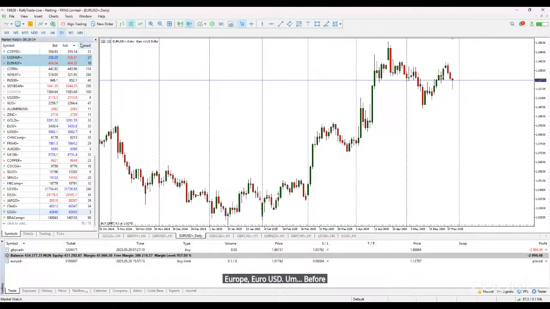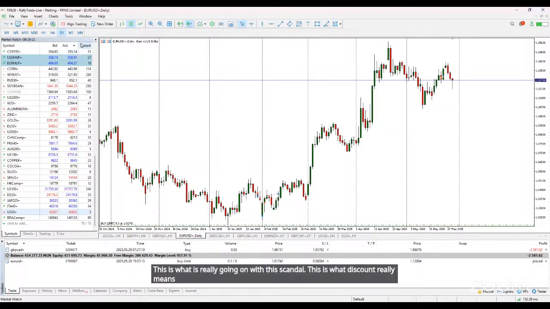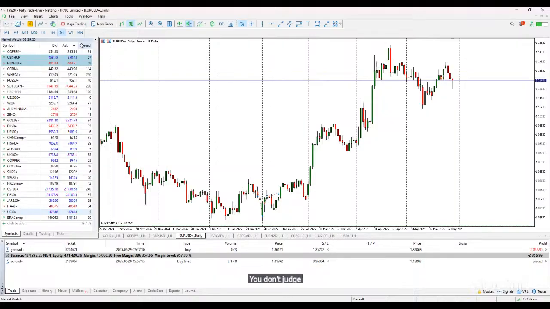Before a candle forms, we don't judge. When the candle finishes forming, that is when we get to know what is really going on with this candle, what this candle really means. But before that, we don't really judge the candle.